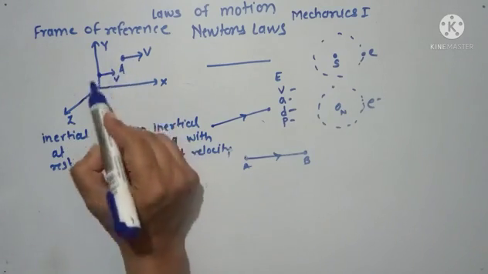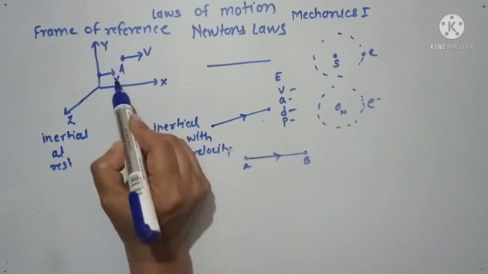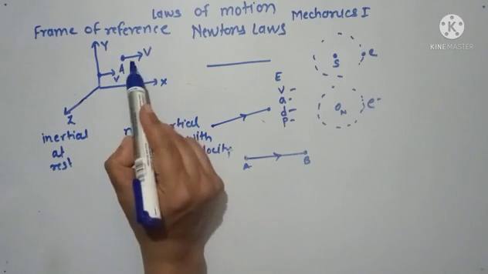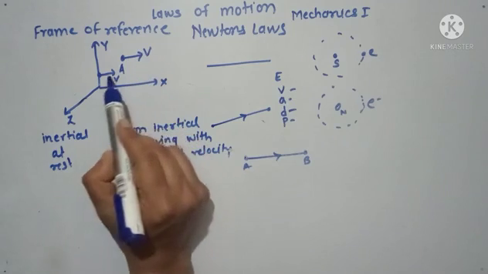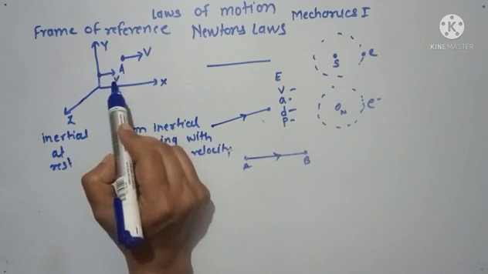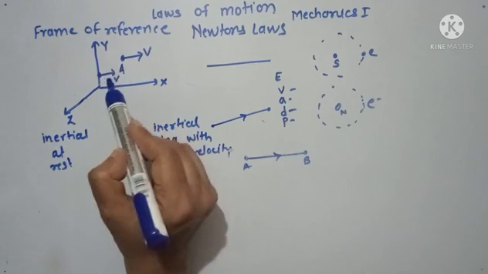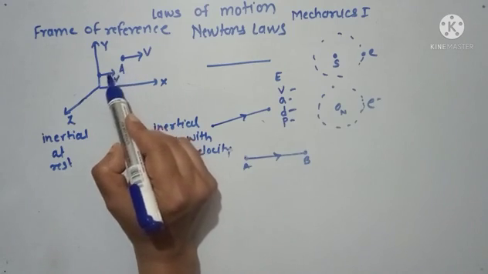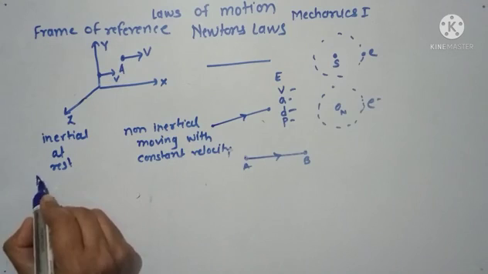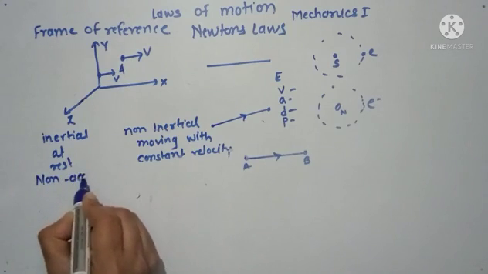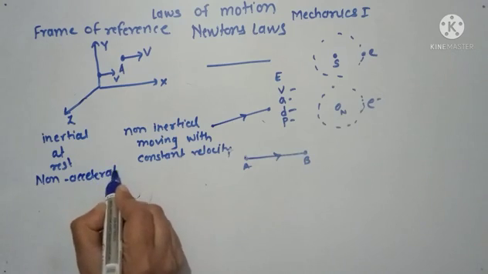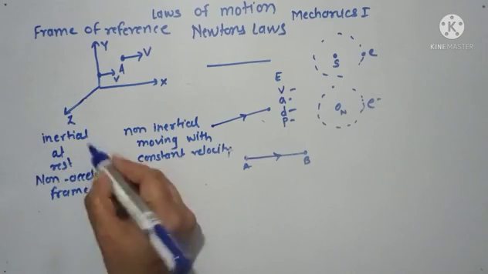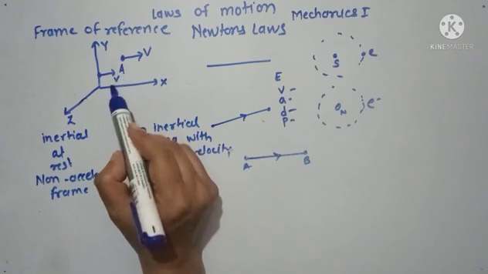Such a motion is also called a motion in an inertial frame of reference, because the particle is moving with the same velocity as the frame of reference, so the frame is fixed with respect to the particle. For this particle, this is a non-accelerated frame. Such types of frames are called inertial frames of reference.